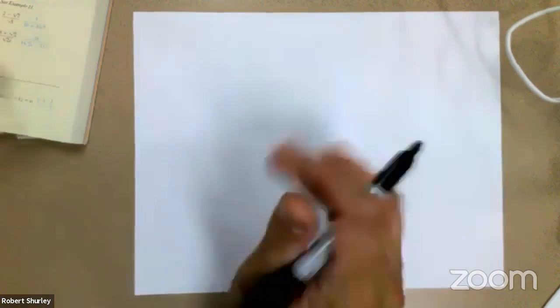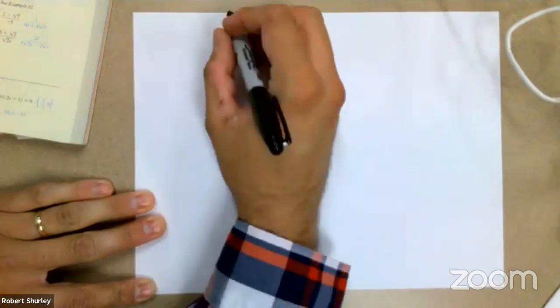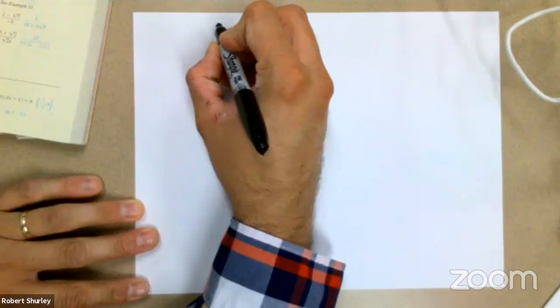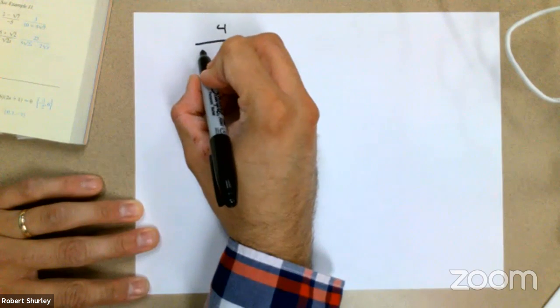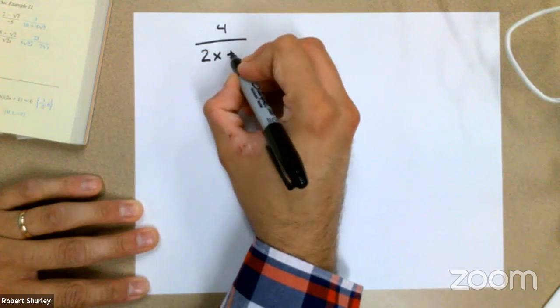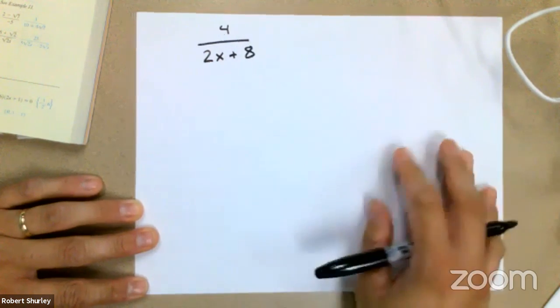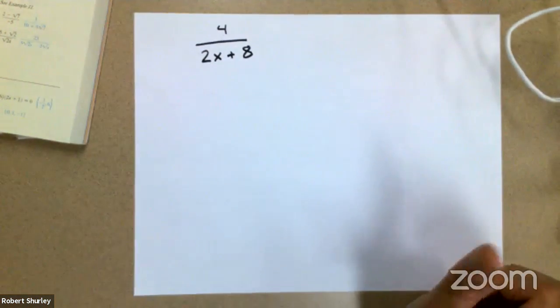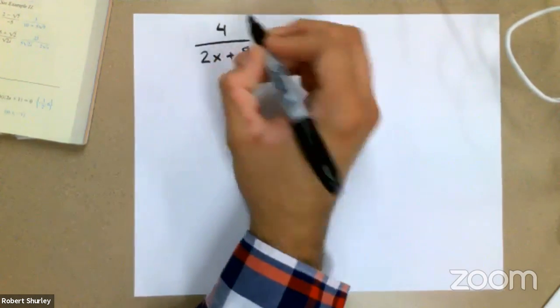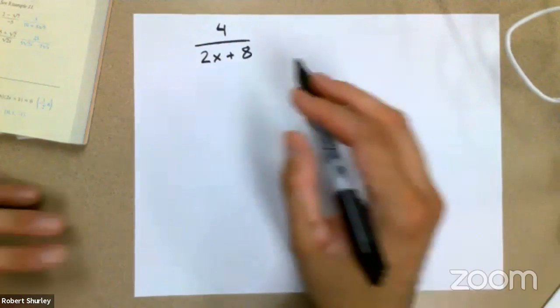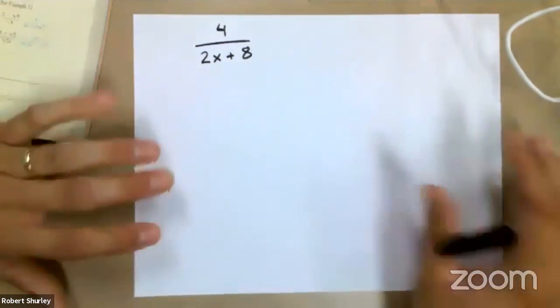Okay, so let me give you an example. If we wind up with, let's say, 4 over 2x plus 8. This is just simplifying fractions. It's really a review of simplifying fractions.